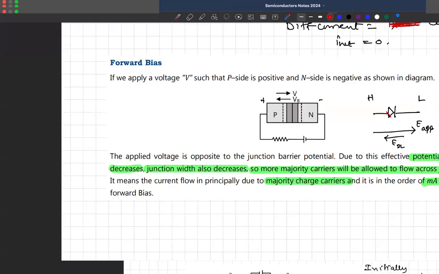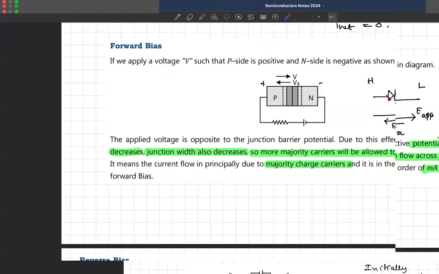What will happen in this case is, if ever you notice that in a diode the P side is higher than the N side, you can say confidently that the diode is forward biased. The reverse case is reverse bias. In the forward bias condition, the potential barrier decreases and the junction width also decreases.